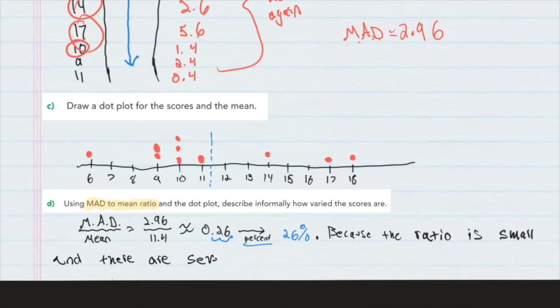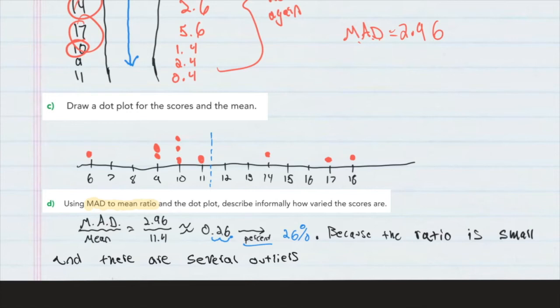we're going to say there are several outliers. So if we look at our dot plot, we take a look at 18, 17, 6, right? If we didn't have those numbers there, it would be even closer to the middle because we'd only be looking at this data.